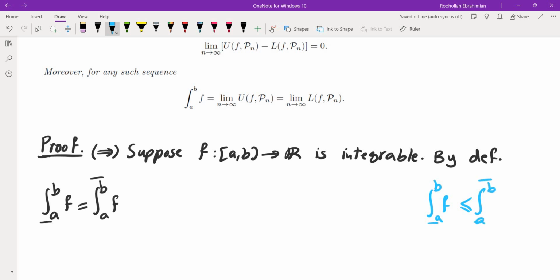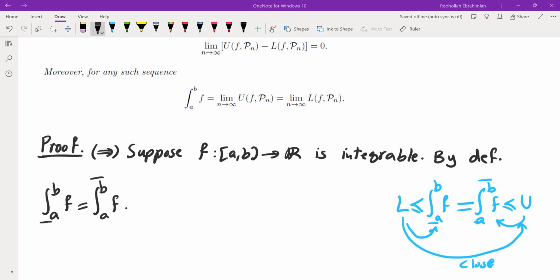But of course, in this case, they are the same. Upper sums are above that. Lower sums are below that. Upper sums approach this because the upper integral is an infimum. And lower sums approach this because the lower integral is the supremum of all the lower sums. Now, since these two in this case are the same, these two must also be close to each other, which is how we can find a sequence that approaches 0.